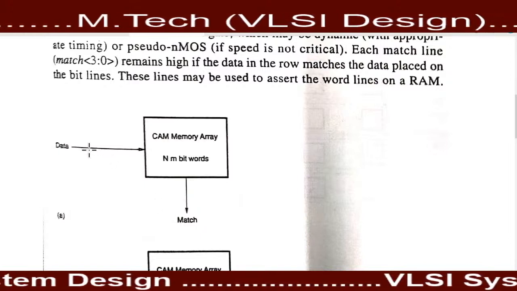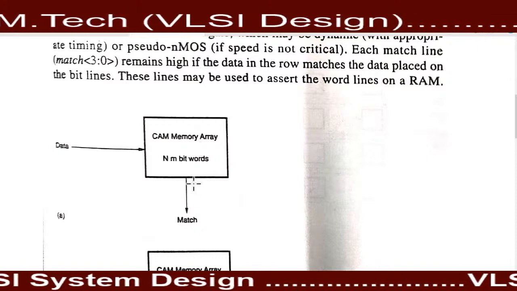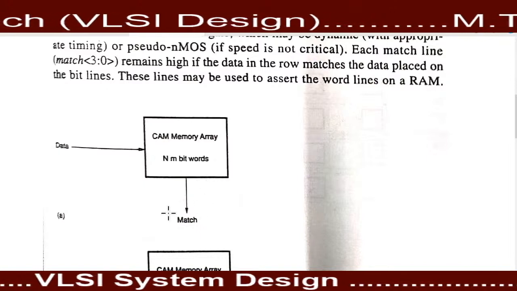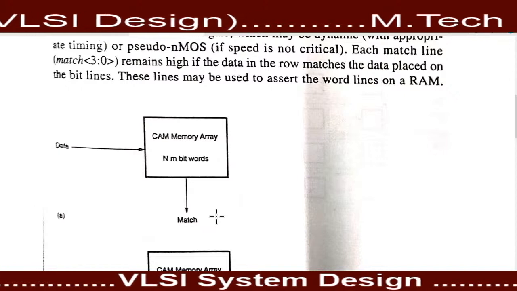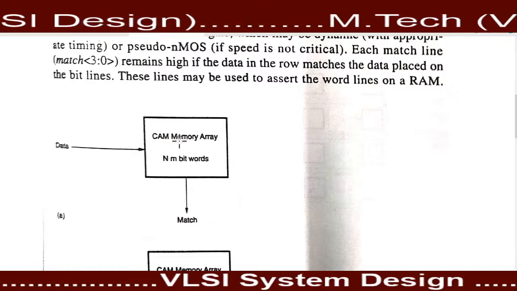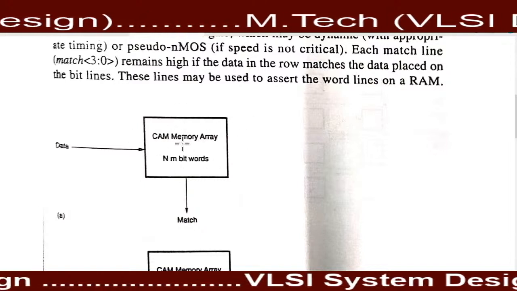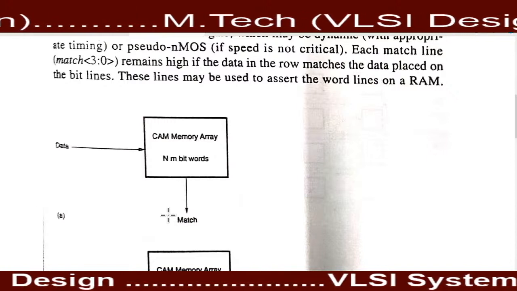It means that if the data is present in the memory cell, the output of the CAM memory cell, that is the match signal, is equal to 1. And if the data provided is not available in the CAM memory cell, at that time this match signal will be 0.